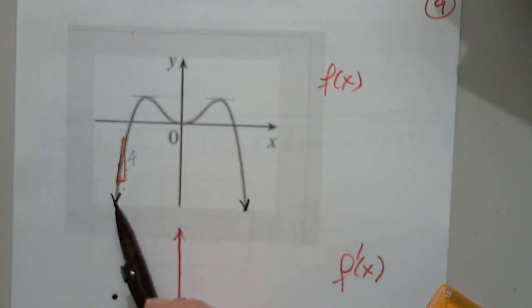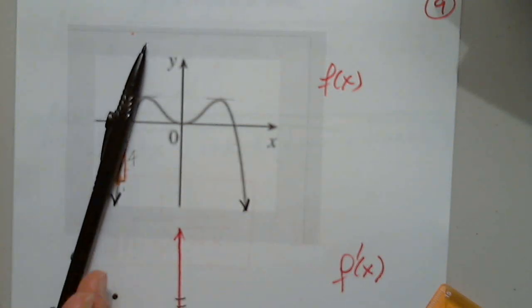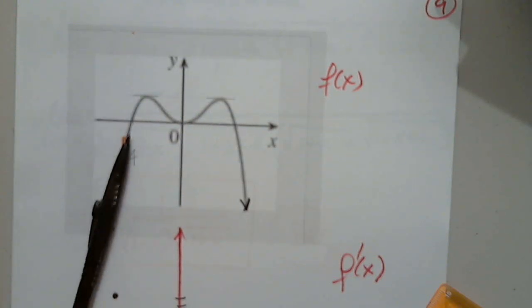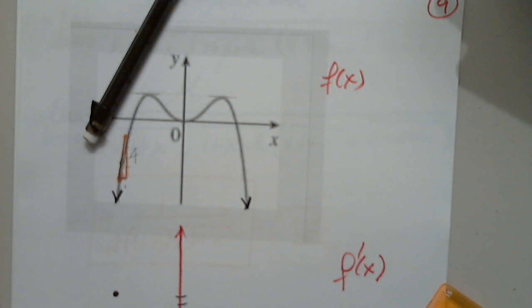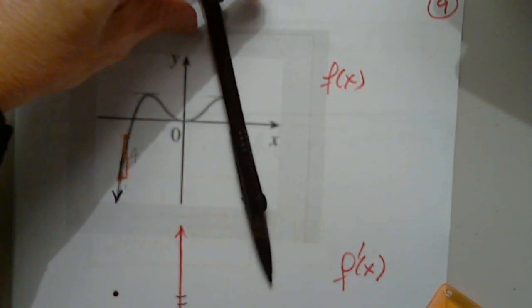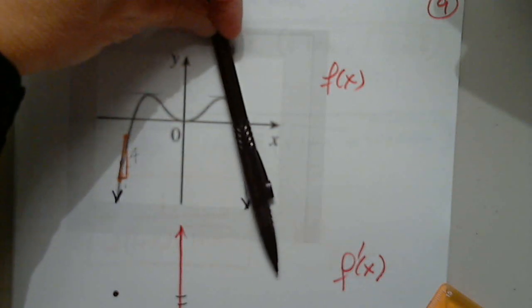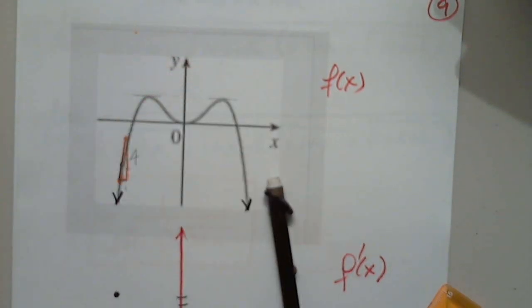The function is coming from -infinity, but the slope of the tangent line is positive because the function is increasing. If the function is increasing, that makes sense. The slope of the tangent is positive. We're going to talk about this in detail later on. So if the function is decreasing, the slope of the tangent line is negative.